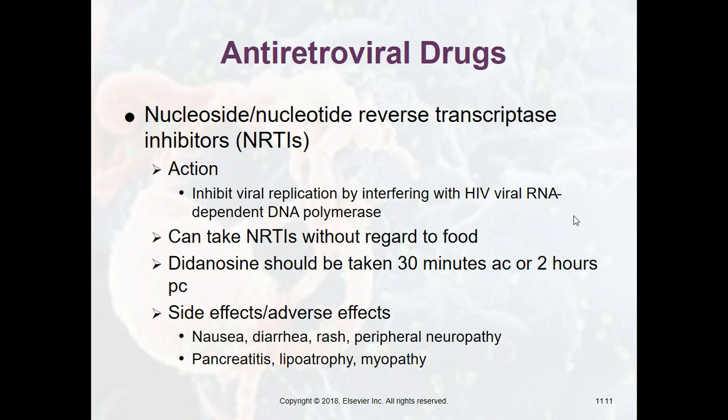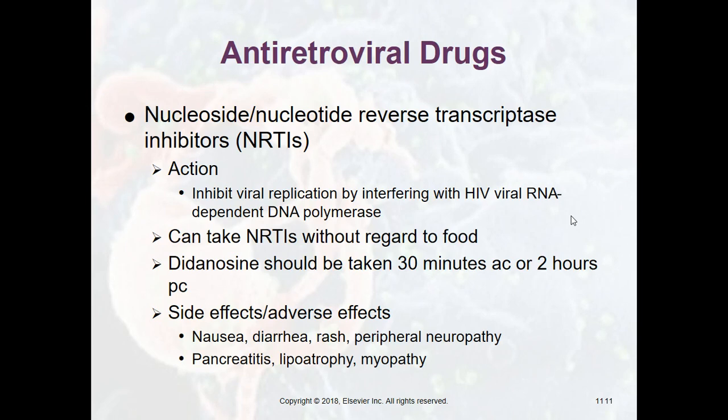So for our NRTIs, their action is to inhibit viral replication by interfering with HIV viral RNA-dependent polymerase. Individuals with HIV can take their NRTIs without regard to food.